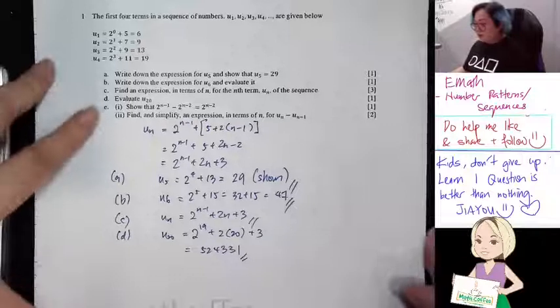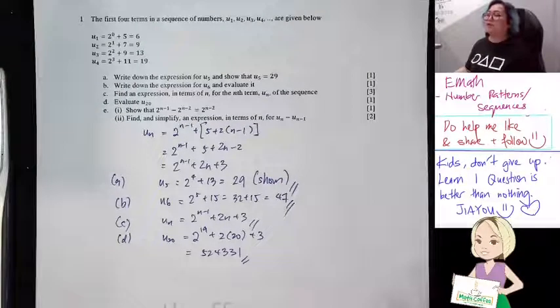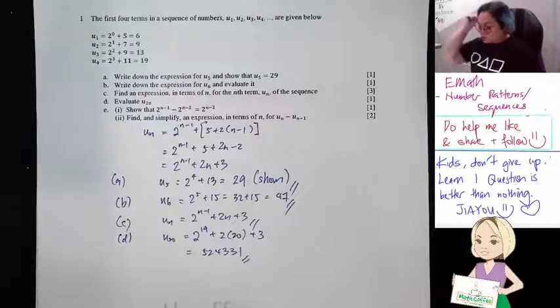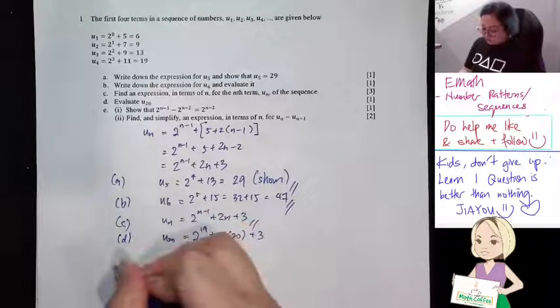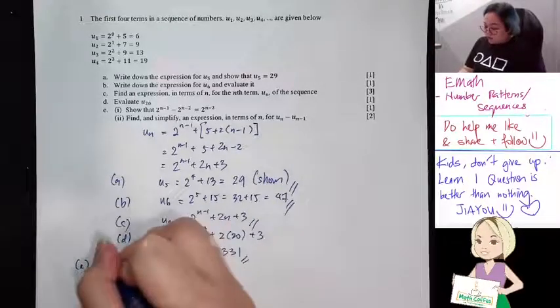Now part E is tough. Part E will need to use your Sec 3 knowledge of indices. So let's do it. Part E, I'm going to write here because later I need a lot of space. So my E part 1.